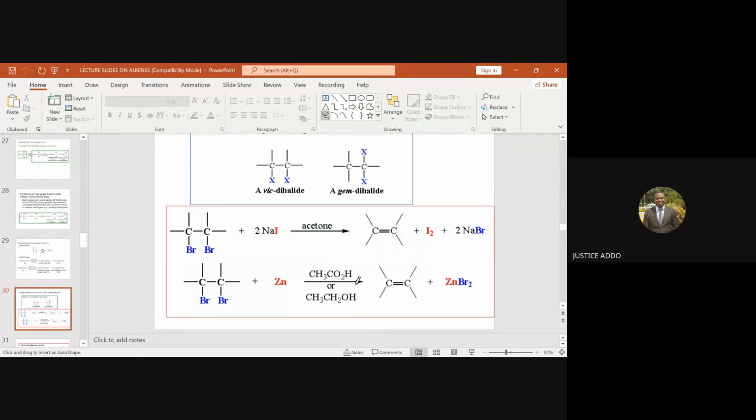So for the debromination reaction, these are all reagents that can be used. Any one of them you can use. Either you use sodium iodide in acetone, or zinc in acetic acid, or zinc in what? Ethanol. It performs the same function and you form your alkene.